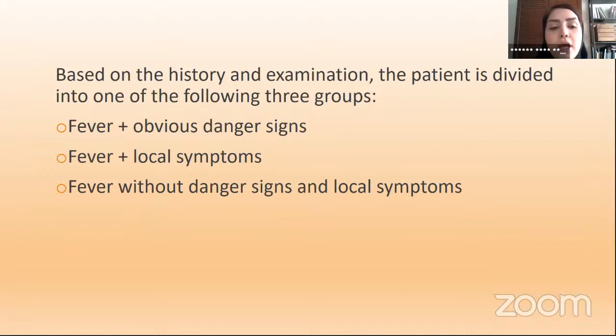And the second group is fever plus localized symptoms and signs. And management of these patients is easy because you know the source of fever and you know what to do. And the last is fever without danger signs and local symptoms.